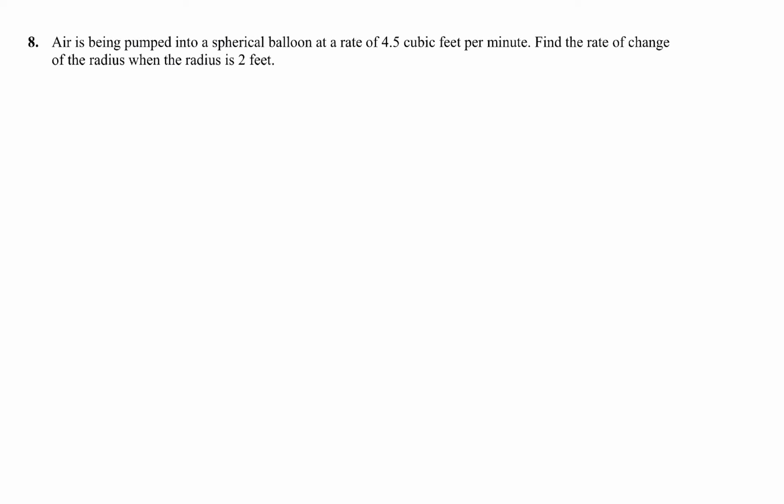Now problem 8 is an interesting problem also. It says air is being pumped into a spherical balloon at a rate of 4.5 cubic feet per minute. So the change in the volume per unit of time is a constant rate of change, and you put inside the spherical balloon 4.5 cubic feet per minute.